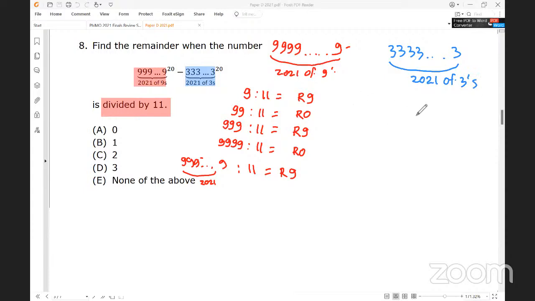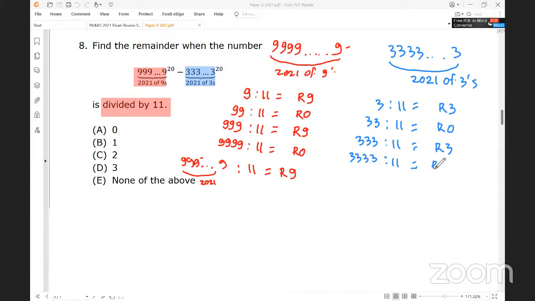Then do exactly the same thing as with 9. 3 divided by 11, the remainder is 3. 33 divided by 11, the remainder is 0. 333 divided by 11, the remainder is 3. 3,333 divided by 11, the remainder is 0.